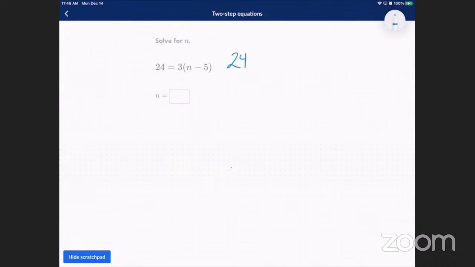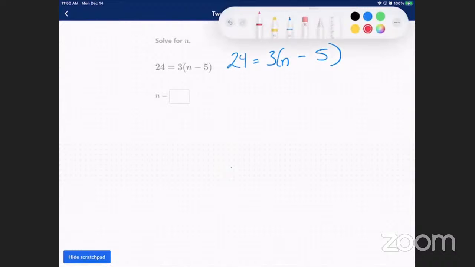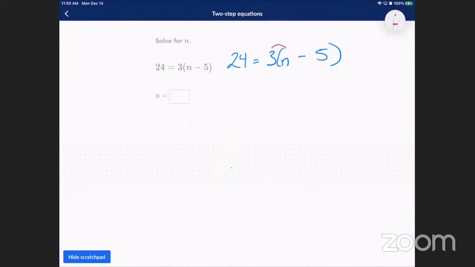You have 24 equals 3n minus 5. Okay. And you would have 3 times n, which would be 3n, right? And then you have 3 times negative 5. 3 times negative 5 equals 24.